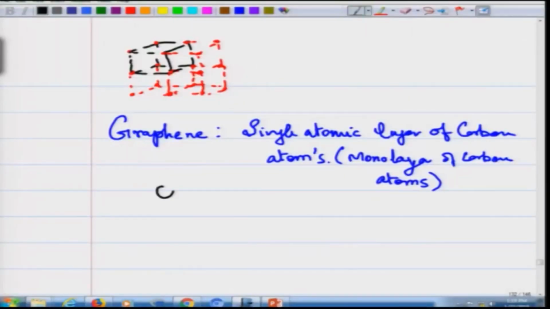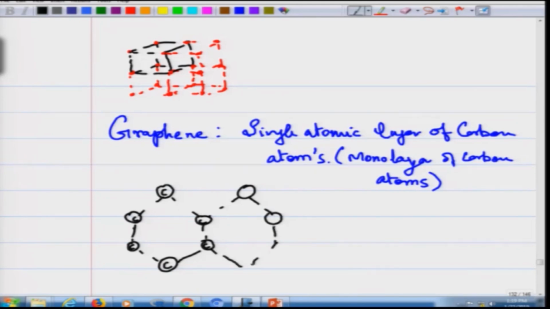The structure of this graphene is that these carbon atoms are arranged in what is called a honeycomb lattice. These are the carbon atoms which are actually bonded to each other. So, there is a covalent bonding between the carbon atoms, and these carbon atoms are arranged in a honeycomb structure.